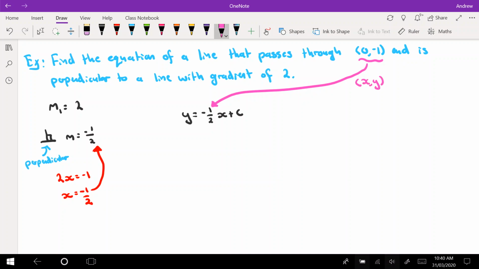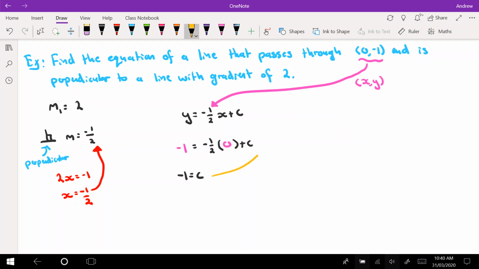So x is going to be 0 and y is going to be -1. So -1 is equal to -1/2 times 0 plus c. Well, -1/2 times 0 is just 0, so -1 is equal to c.